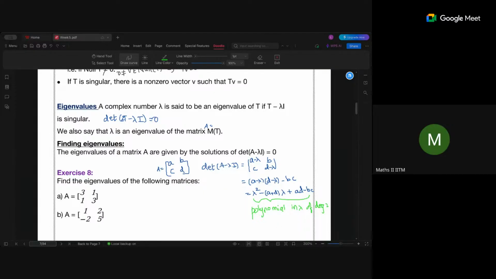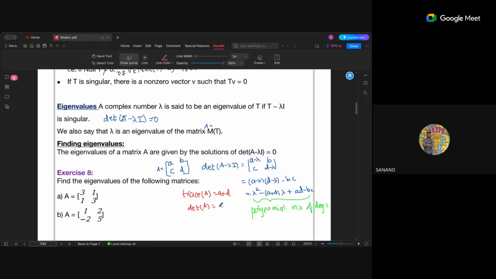Good. It's clear. Okay, there is another important observation. What is the trace of the matrix A? What is the definition of trace? Sum of diagonal elements. So, what is the trace of A here? A plus D. What is the determinant of this matrix?